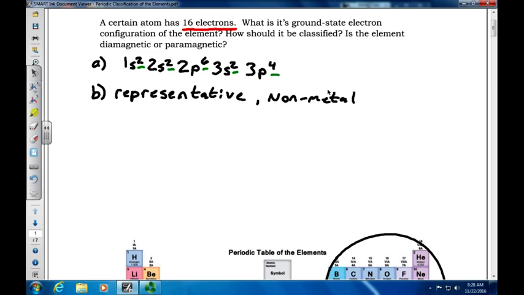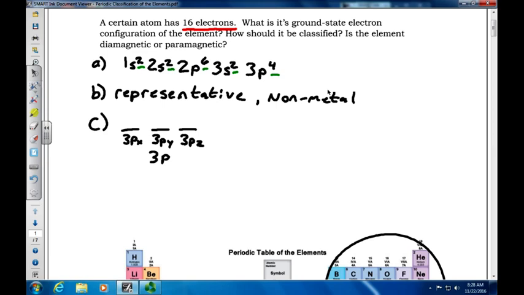Now, the easiest way to look at that is to set up our orbitals. So if we were looking at the last bit, the 3p4, we're looking at 1, 2, 3, and this is 3p. And this would be 3px, 3py, and 3pz. Okay?